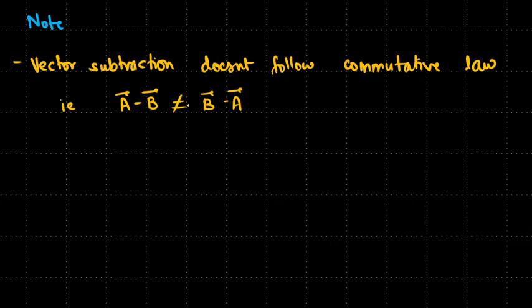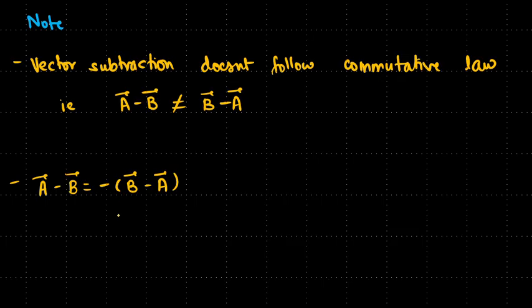That's what we mean by this is not commutative. I think this is very clear. But if you're doing vector addition, both of them are commutative. So vector addition is commutative. But also vector a minus vector b is the same as minus vector b, like this. So you can take out the minus and this will be correct.